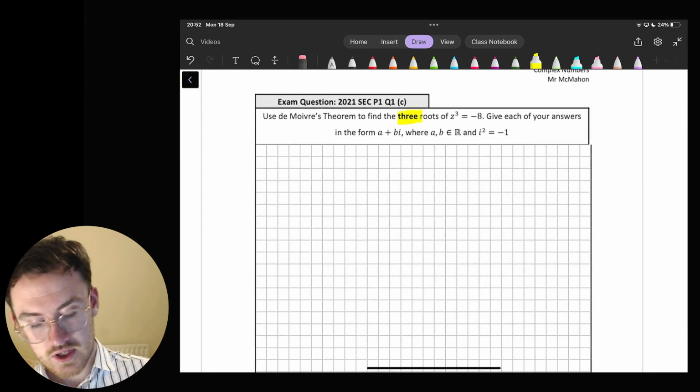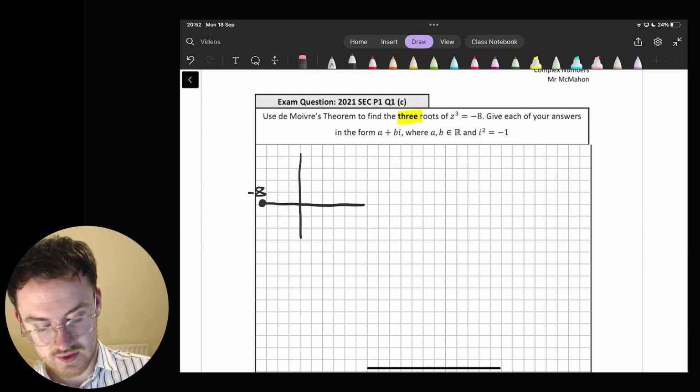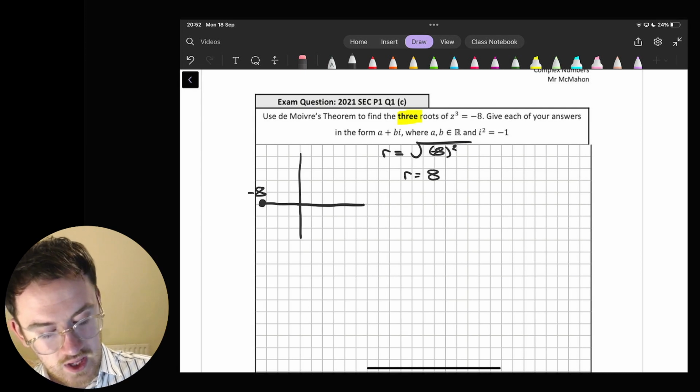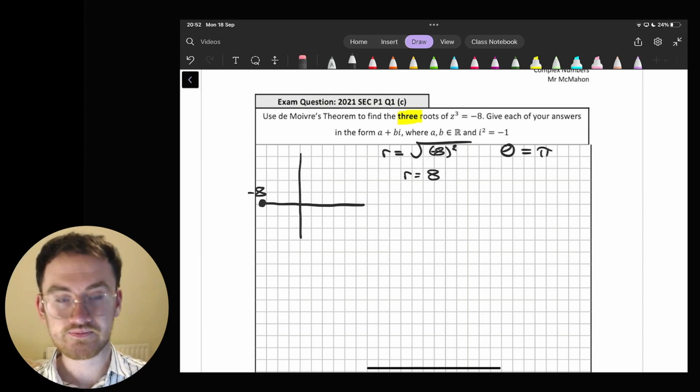So the same idea again, we lay out our example here, our minus 8, it's just over on this side here. Our radius is just going to be minus 8 squared, so our radius is just 8. Our angle, we can immediately go to theta being pi.